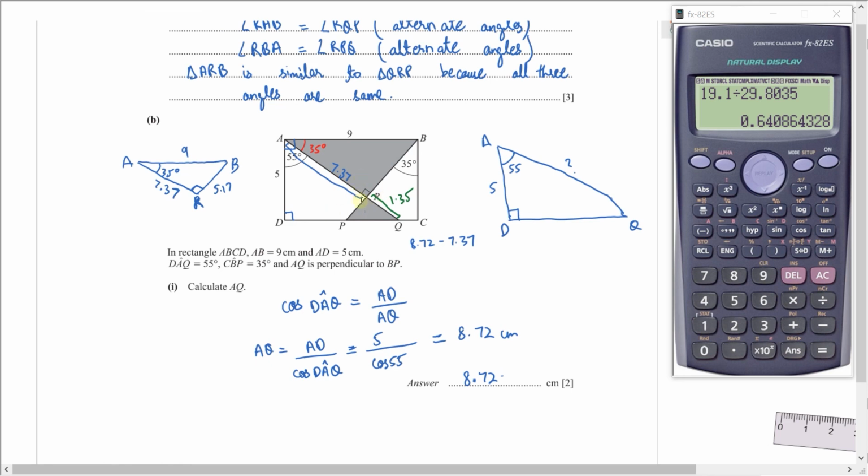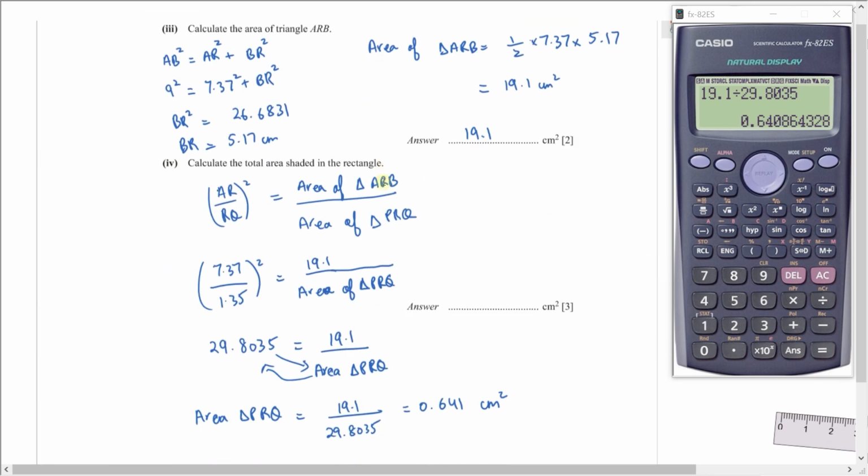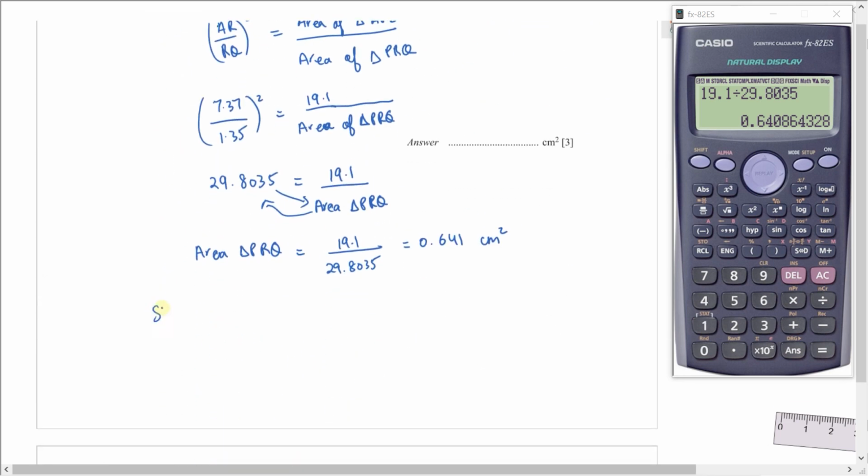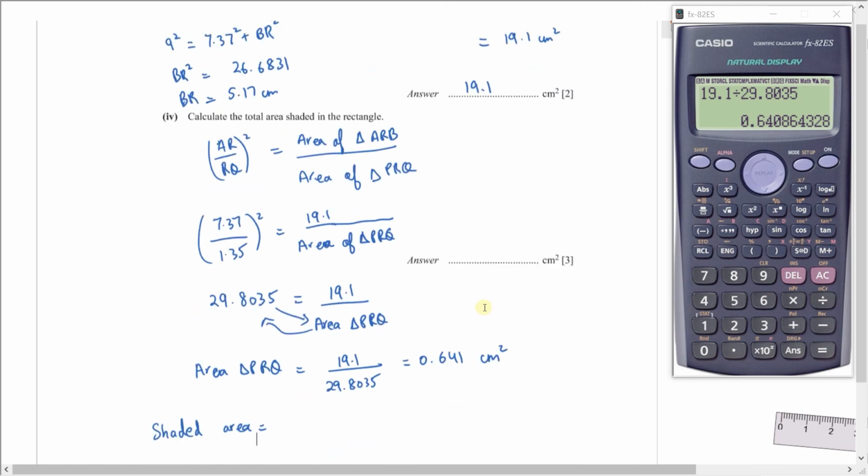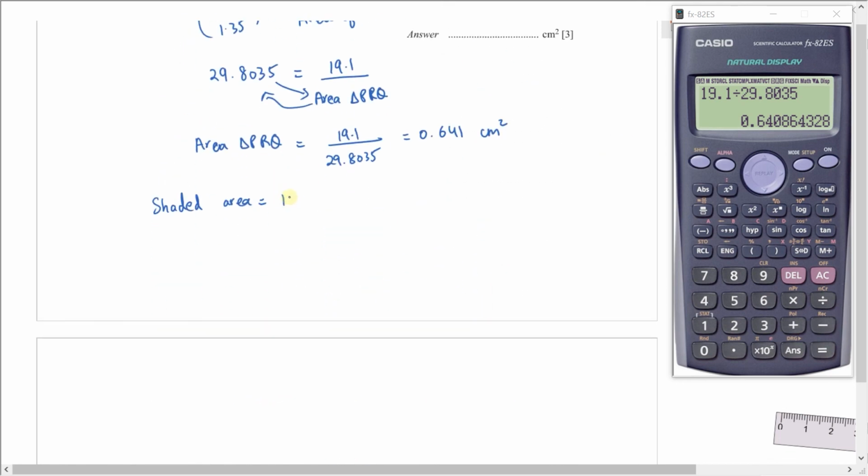So to calculate the shaded region, I will add the area of the two triangles. So shaded area will be the area of this triangle ARB, which is 19.1, plus the area of this smaller triangle, which is 0.641. So 19.1 plus 0.641 is 19.74.